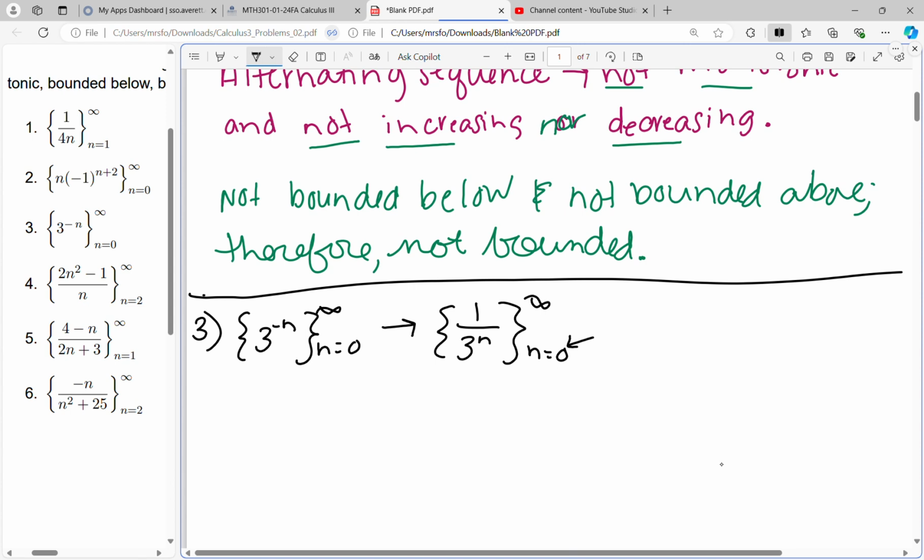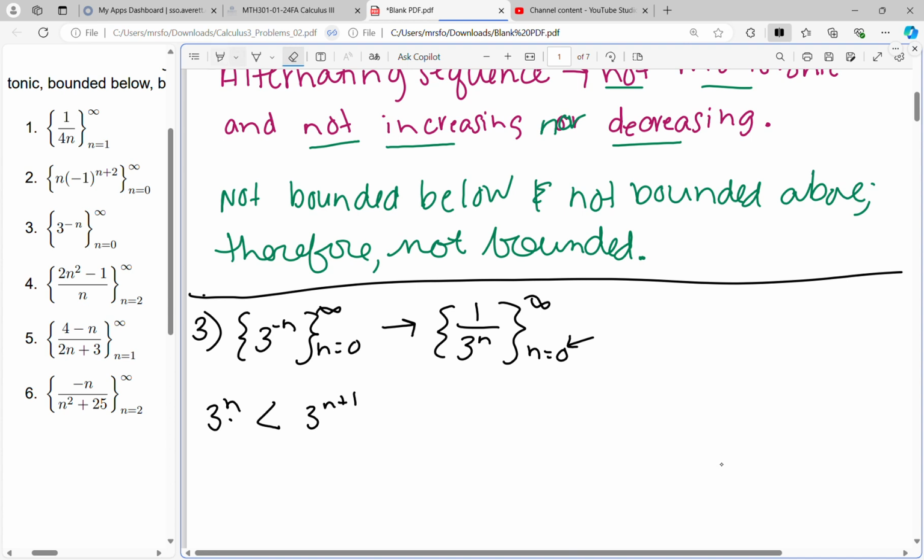If I think about 3^n and 3^(n+1), then I know 3^n is going to be less than 3^(n+1).